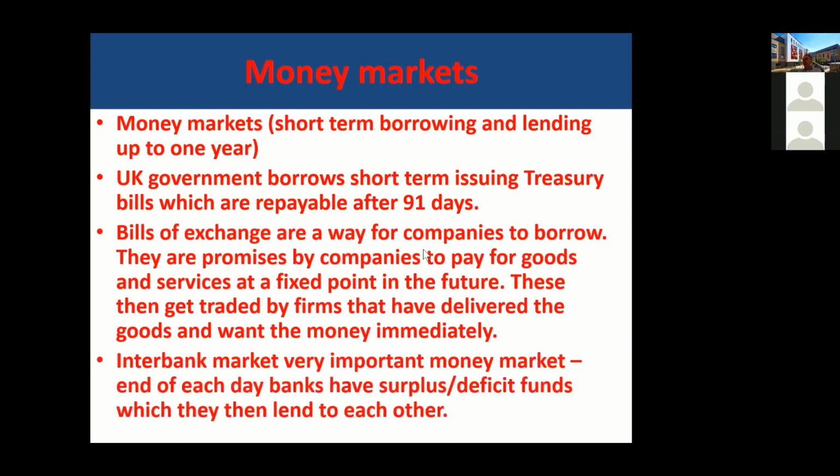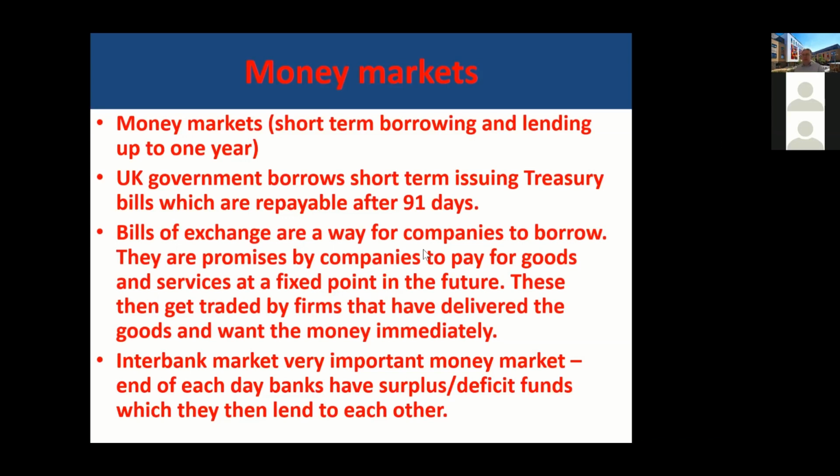A very important section of money markets is what we call the interbank market. Essentially, at the end of each day, banks are either going to have a surplus of funds or a deficit of funds.